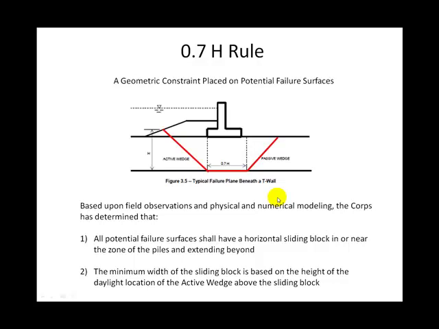The following is a discussion of the 7/10 H rule that is used to place a geometric constraint on the potential failure surfaces that are analyzed for a T-wall.